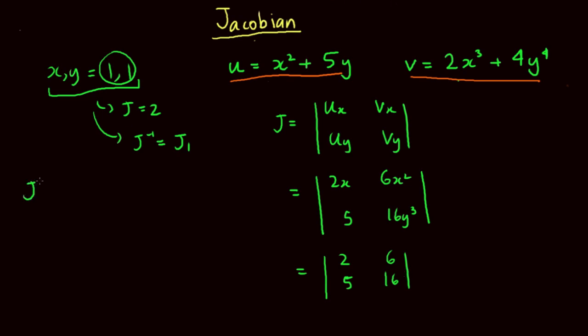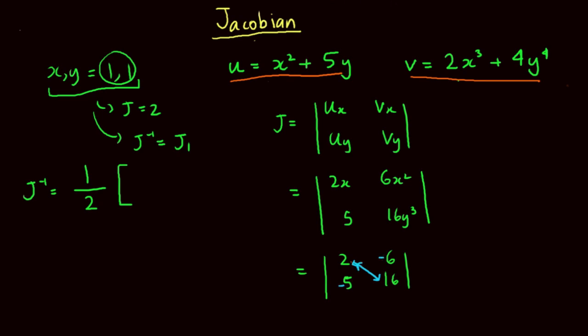Now if you want to find the inverse Jacobian, it's very straightforward. It's just 1 over the determinant. The determinant we found earlier, by cross-multiplying these two, was 2. And we're going to swap the values. To find the inverse for a 2 by 2 matrix, we switch these two values, and we add negative signs here and here.